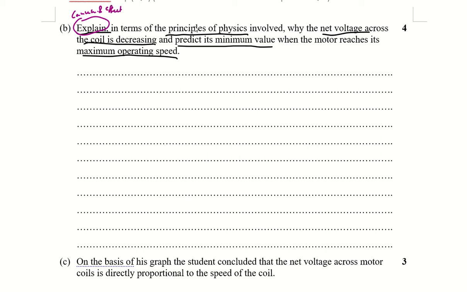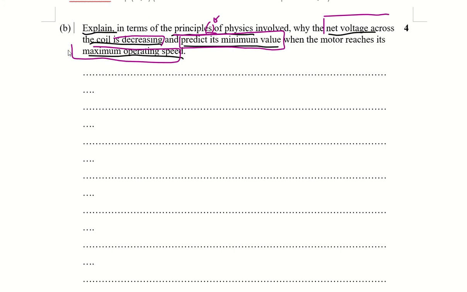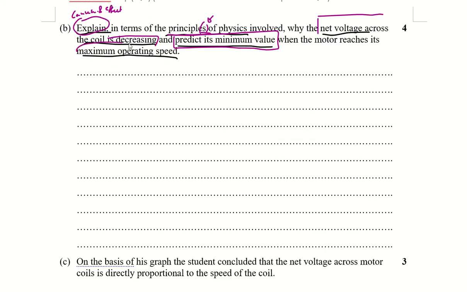The next thing we want to show is physics principles. So these are definitive. We want multiple if possible. And then the concepts we have are net voltage decreasing, and then a prediction of a minimum value at maximum speed. So we want to address all of these parts together. Okay, so let's get started.